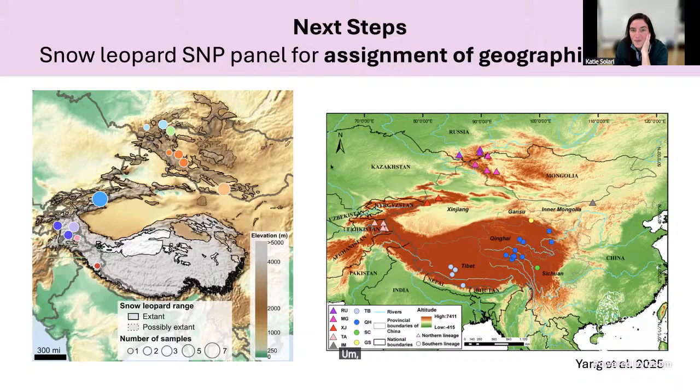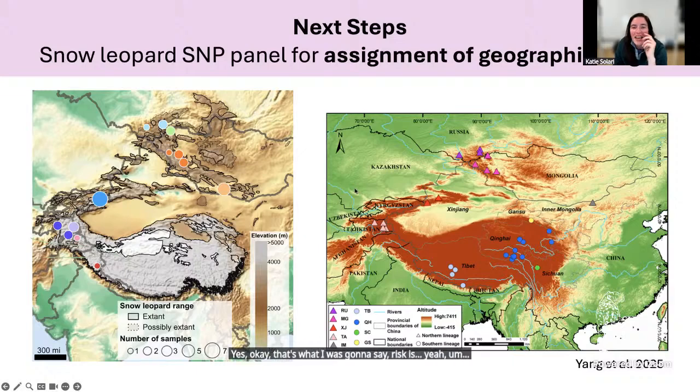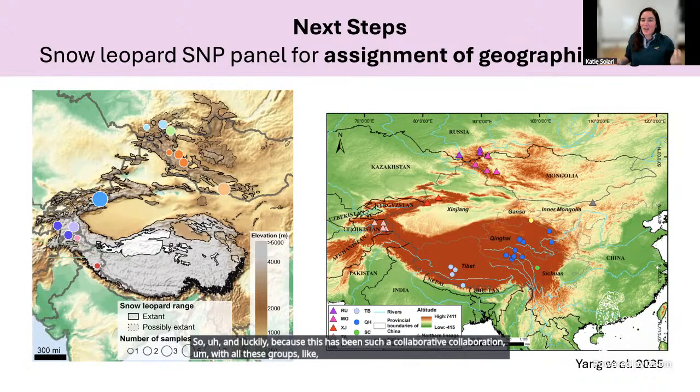And are there any major limitations from this analysis for conservation practice? Yes, there are. And luckily, because this has been such a collaboration with all these groups, when we share this information with our colleagues at Panthera and Snow Leopard Trust and so on, I make sure to tell them to take this with a grain of salt.